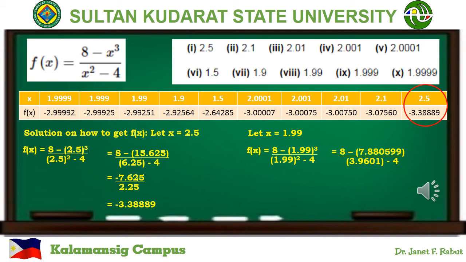This 7.880599 comes from 1.99 cubed, no? Again, multiply 1.99 three times. Then all over 3.9601. So 3.9601 comes from 1.99 squared. Minus 4. So operate that one, we will get 0.119401 all over negative 0.0399, and the value of our f(x) is negative 2.99251. And that is true again from the table.